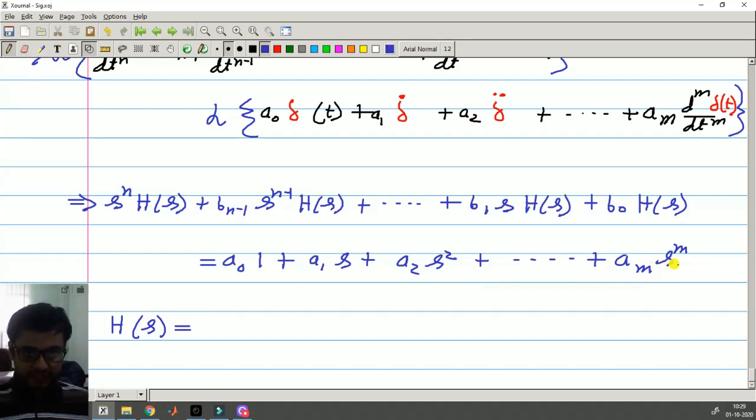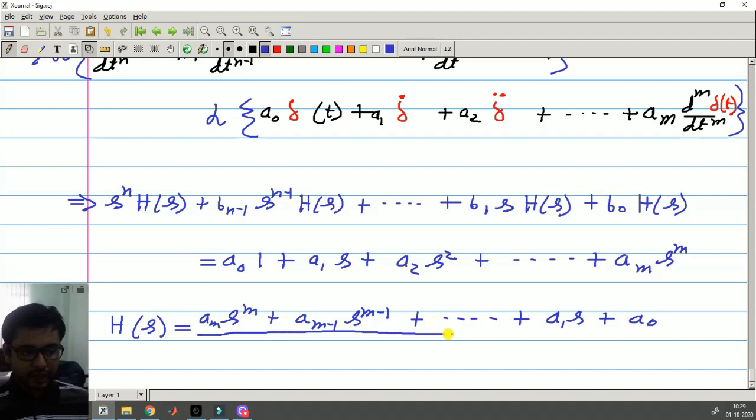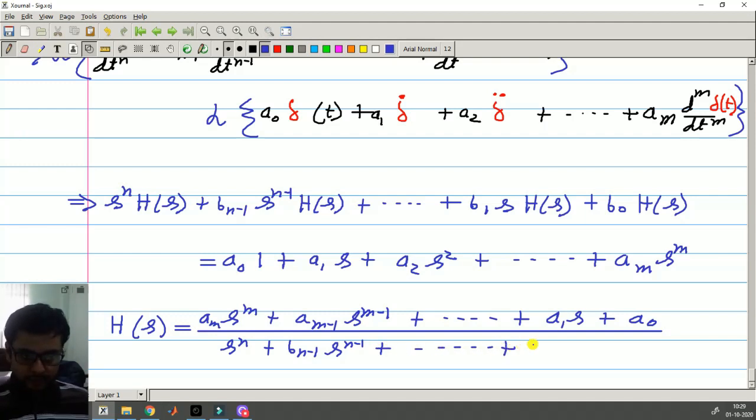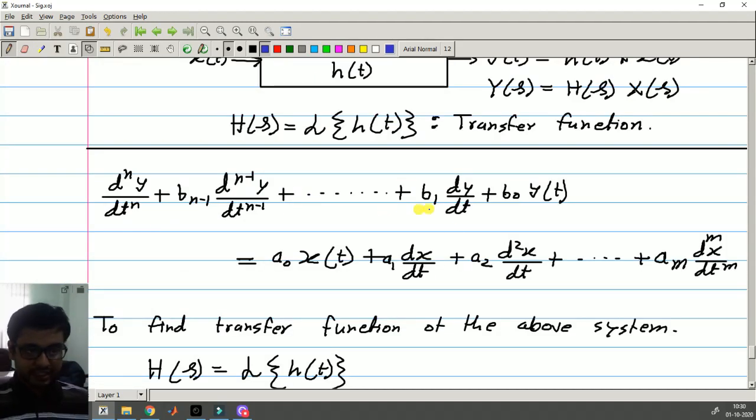Let me write from the right side: (a_m s^m plus a_{m-1} s^{m-1} plus dot dot dot plus a_1 s plus a_0) whole divided by (s^n plus b_{n-1} s^{n-1} plus dot dot dot b_1 s plus b_0), and this is the transfer function of this system.